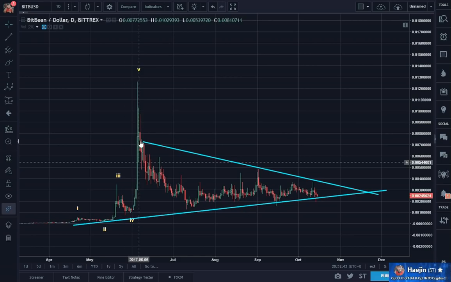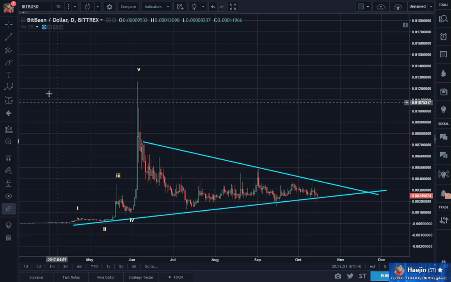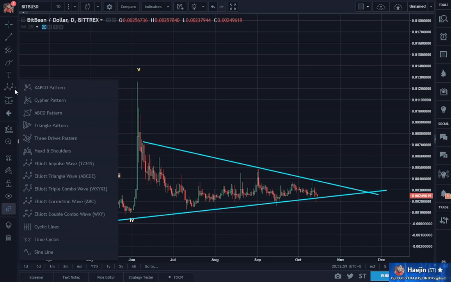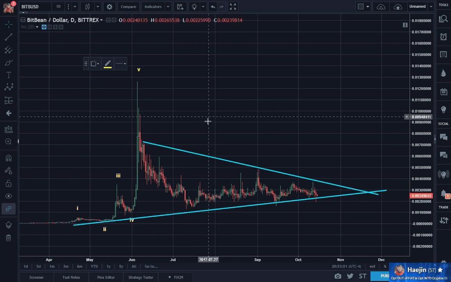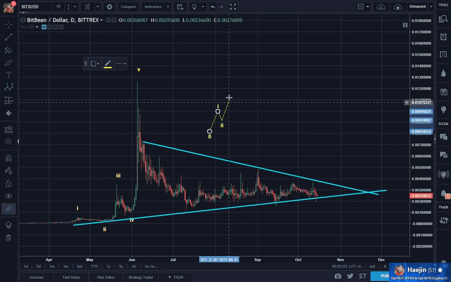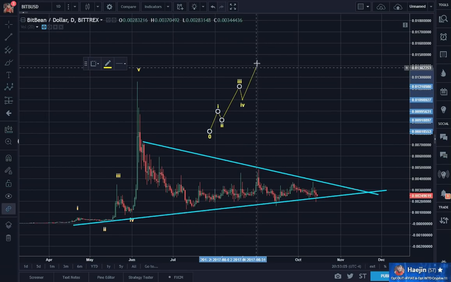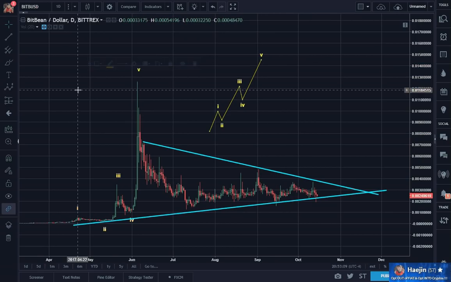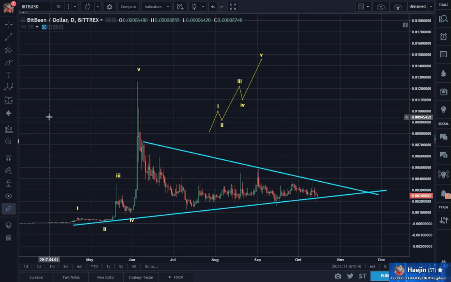So we have a 1, 2, 3, 4, 5. The reason why I'm drawing this is because after 5 waves, like here, there are 3 types of corrections.